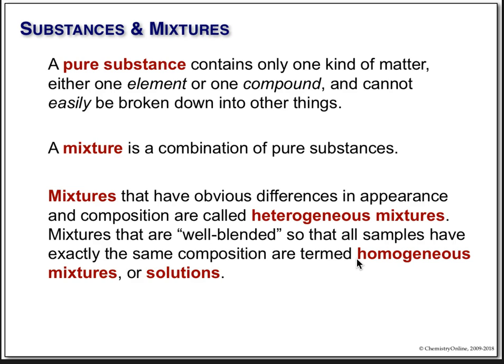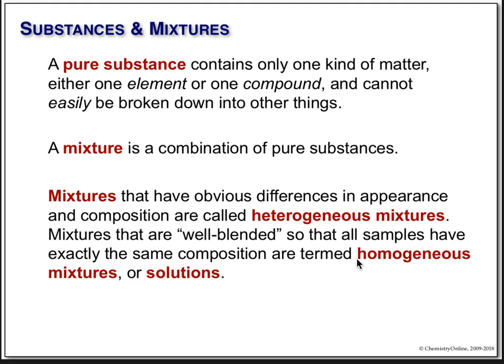Nonetheless, it is uniform. The real test for homogeneous and heterogeneous is sample. If I take a homogeneous solution and I pull out a sample from here and here, it will have the same composition.